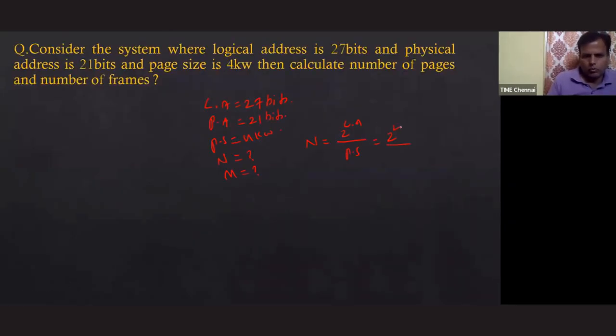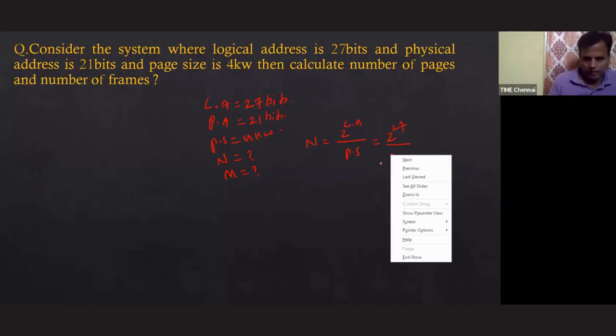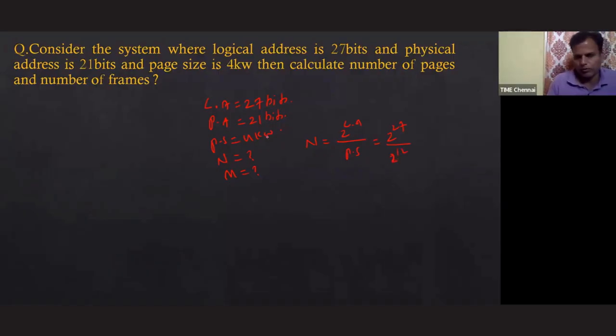So 2 power 27 by page size, which is 2 power 12, because k is 2 power 10 and 4 is 2 power 2. Collectively 2 power 12, which gives me 2 power 15. I write 2 power 15 as 2 power 5 into 2 power 10, so this is 32 and this is k. 32k is the answer for this one. Okay, fine. Let's see the number of frames.